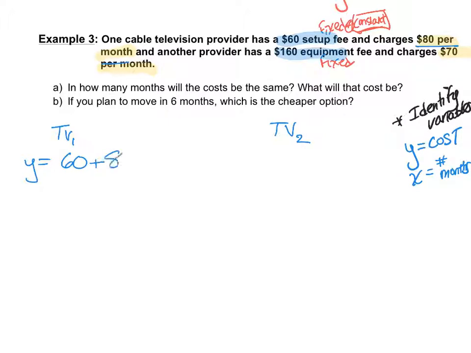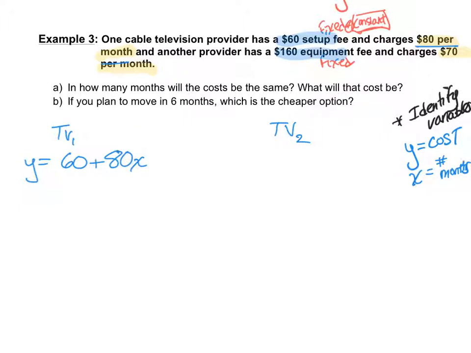When you get stuck as to who is what in terms of X and Y, ask yourself, well, if I had this company, what would I pay? I would pay $60 plus, really it depends on how many months. So $80 multiplied by the number of months, that's where we get this.